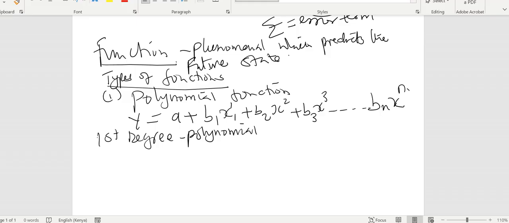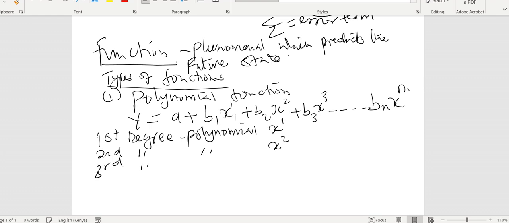That is the first degree polynomial function. Then the second degree polynomial function is x2.